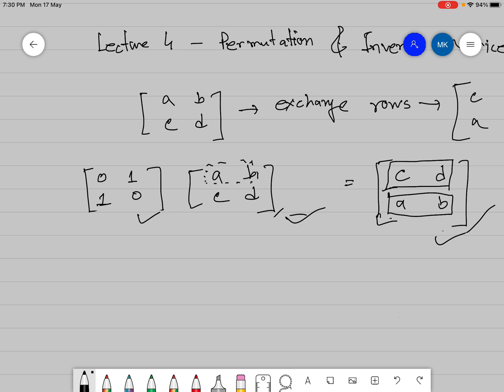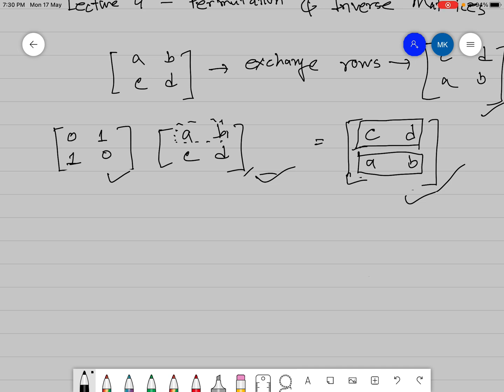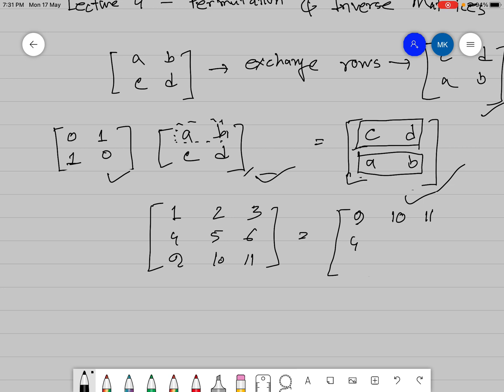What if you work with a 3 by 3 matrix? Let's say you have 1 2 3, then 4 5 6, then let's say 9 10 11. From this matrix you want to get this one: 9 10 11, 4 5 6, 1 2 3.